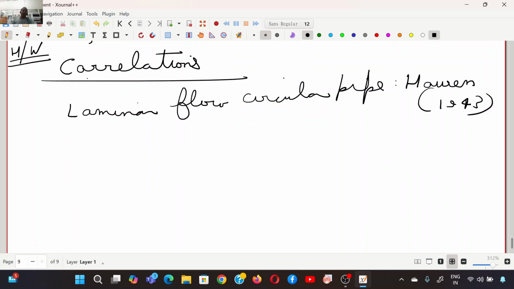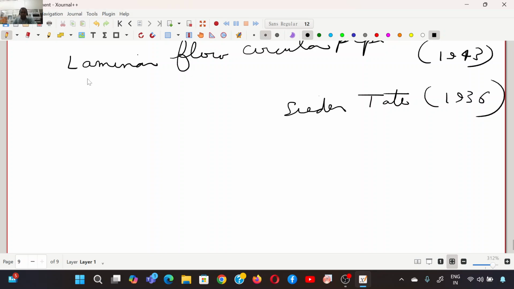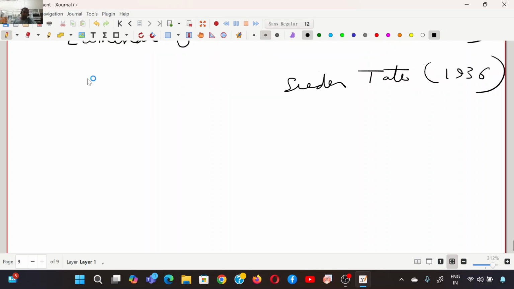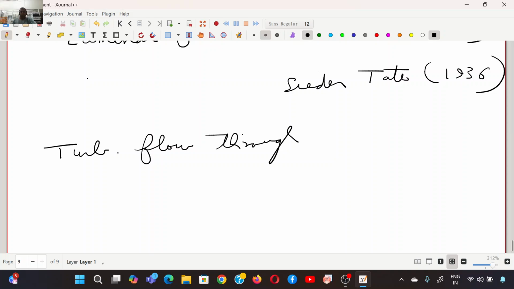Likewise, there is one for circular pipe. There is one called Sieder-Tate, 1936. The year that I'm mentioning is the year when their paper was published with these results. Turbulent flow through circular pipe.